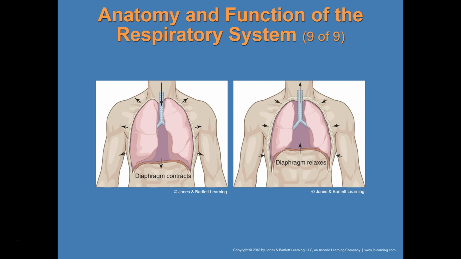Their heads are generally bigger than that of an adult compared to their body size. So we need to learn some different techniques for opening the airways on children and infants. Children and infants also have smaller lungs, which means they take smaller breaths. So when we're doing rescue breaths, we need to be giving them smaller breaths. We need to keep that in mind.